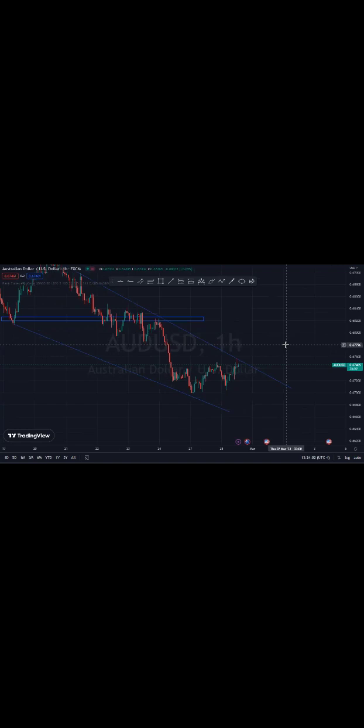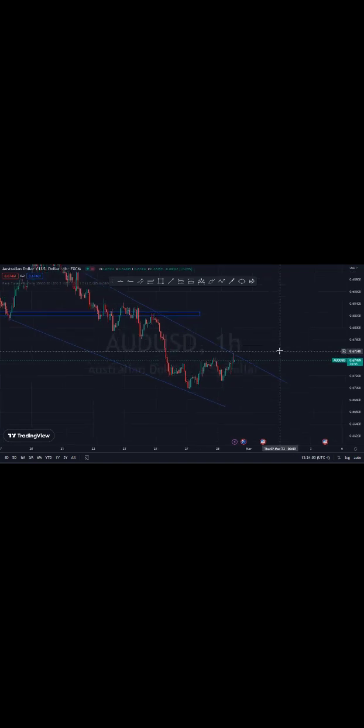As you can see on the 1-hour, we also can see this over here like that. Then when I start forecasting, here we can see price just pushed up to the trend line and then seemed to drop.